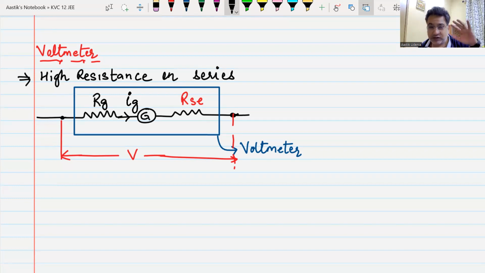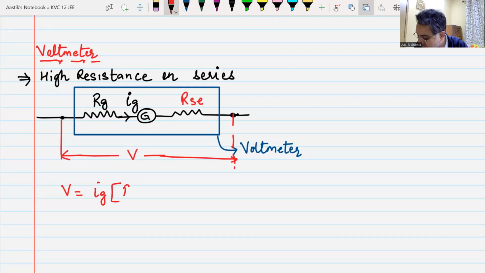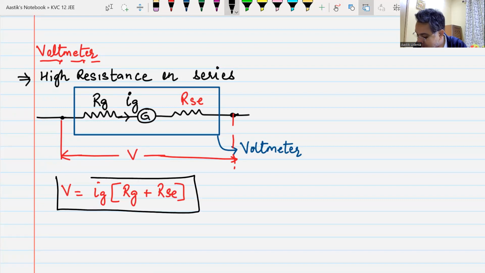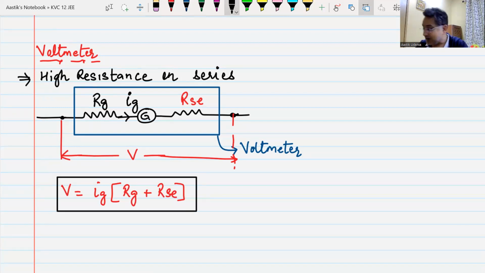So the only equation that you have to remember in this case, my dear friends, is V equals Ig into (Rg plus R series). That is the only equation that you will have to remember.